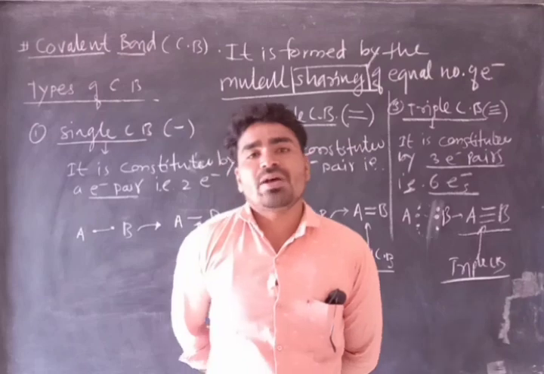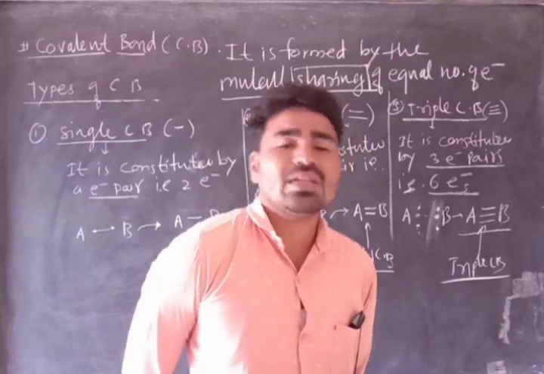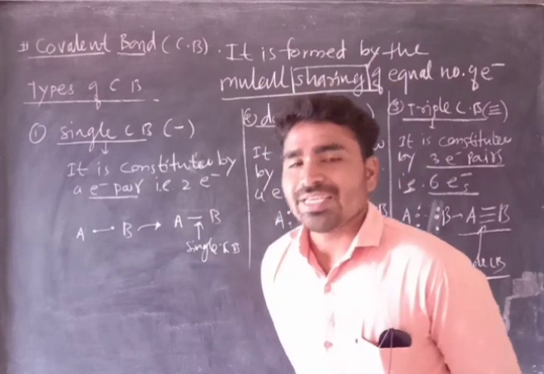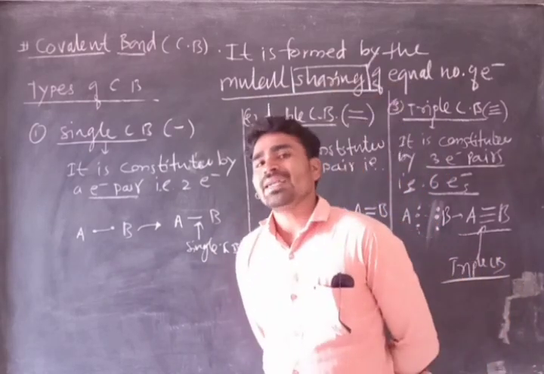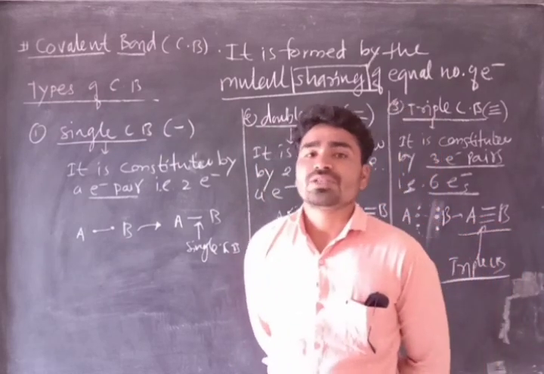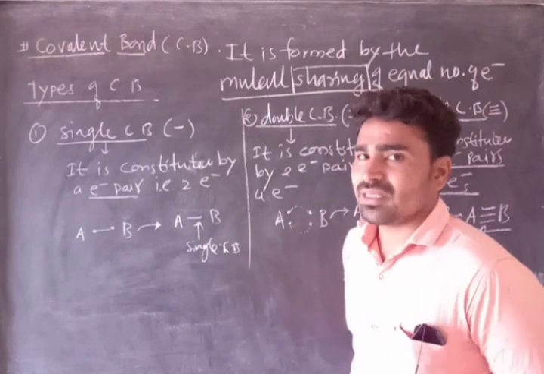In the formation of an ionic bond, electron transfer takes place from metal to non-metal, and the differently charged ions, the cation and anion, are produced, and the force of attraction because of opposite charges is responsible for forming a bond, that is, the ionic bond.